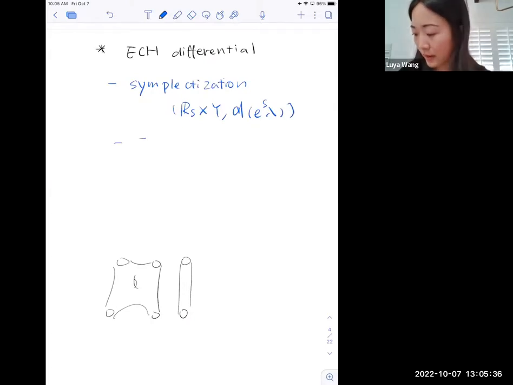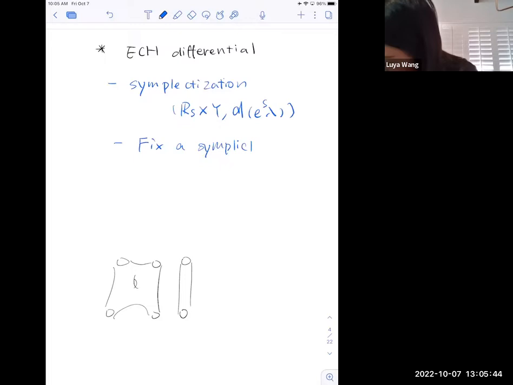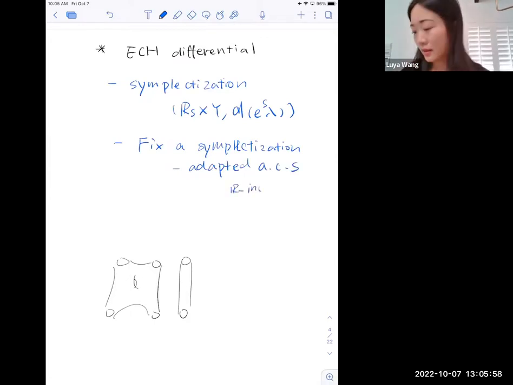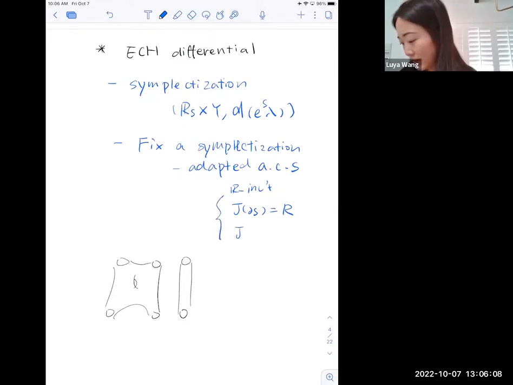And we fix a generic symplectization-adapted almost complex structure. This is just saying it has to be R-invariant, J sends the s direction to the Reeb direction, and it preserves the contact structure, rotating positively.